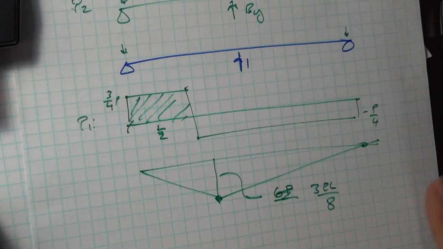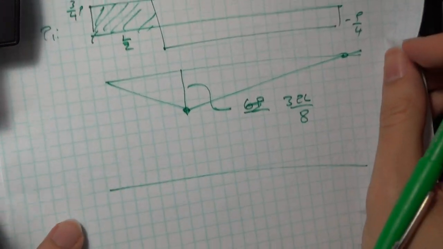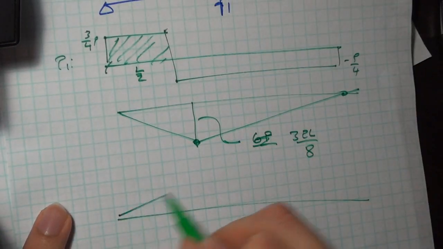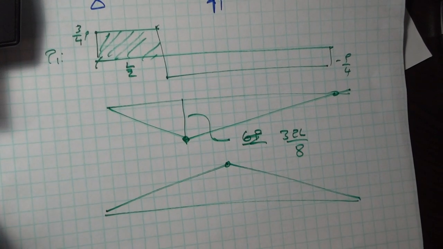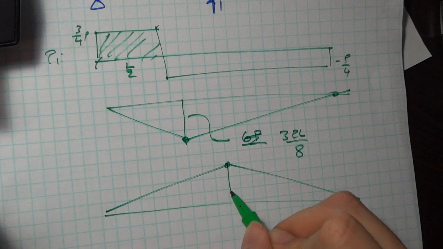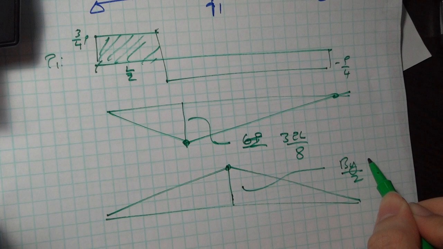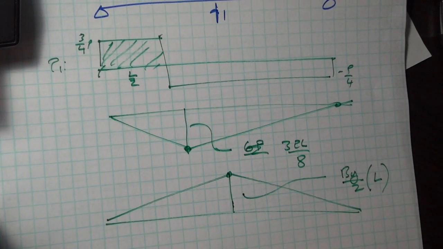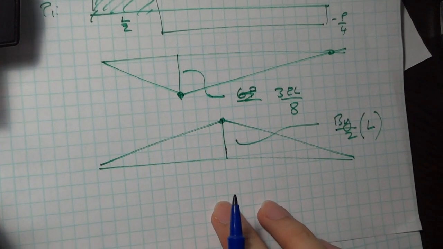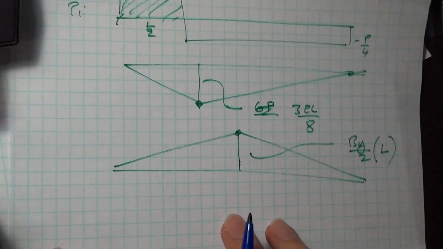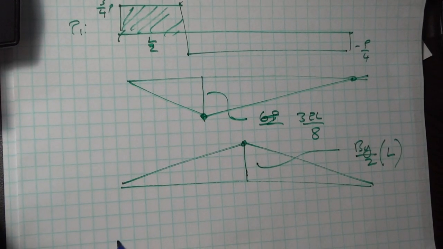My BY diagram, I'm going to get something that looks a little bit different. I'm running out of space here a little bit. My BY diagram is just going to be like this. And I should put here that this is equal to BY on 2 times L. My Q system is going to look very similar to this.